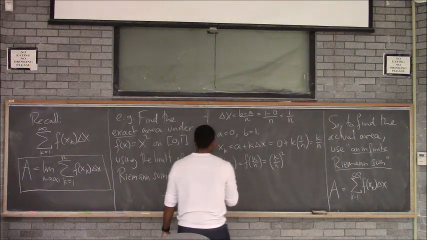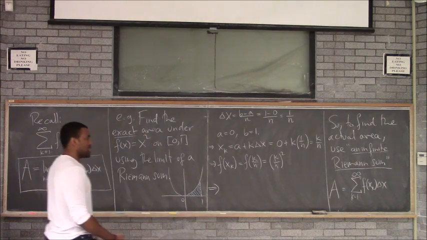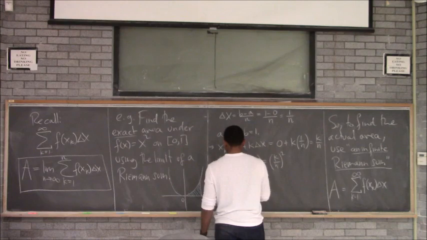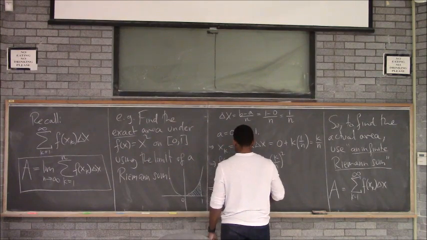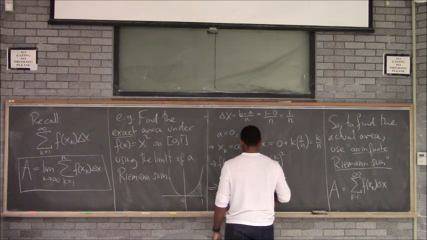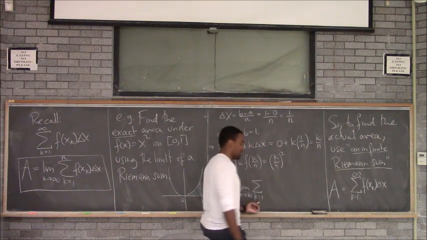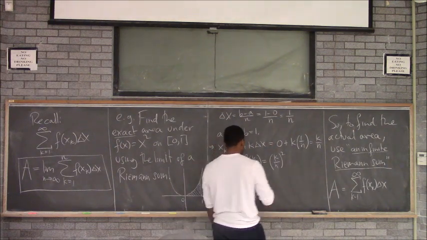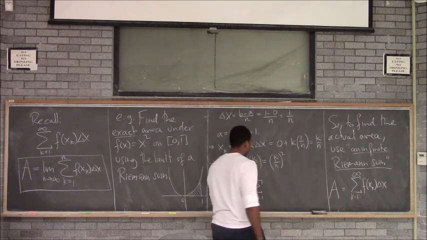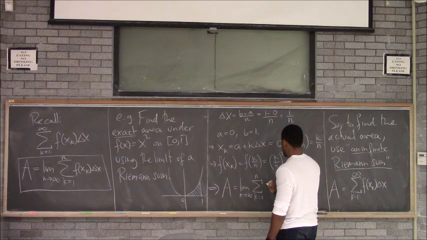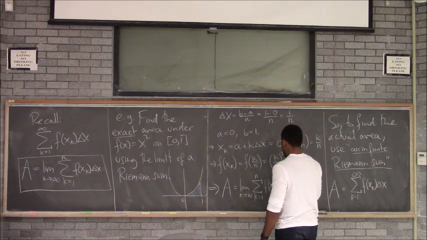So I just go through, take my time, I'm finding all the pieces in the formula. The area is going to be equal to the limit as n approaches infinity of the sum, and it actually doesn't matter at my starting point, I'm going to get an infinite number of rectangles, of f of xk delta x.